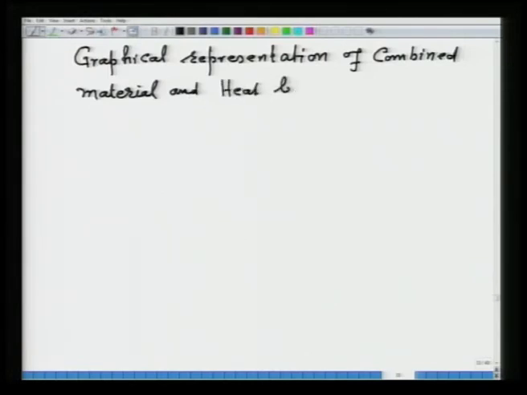Now, I will be writing down the equation in the form in which it can be plotted. The way of plotting is the same as it was done for material balance only.